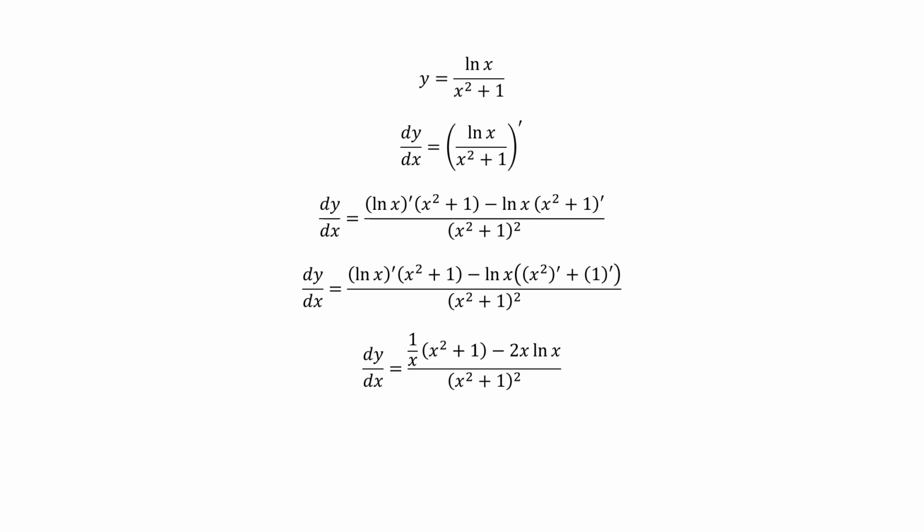This gives our final solution of dy by dx equals x squared plus 1 minus 2x squared times the natural logarithm of x all over x times x squared plus 1 squared.